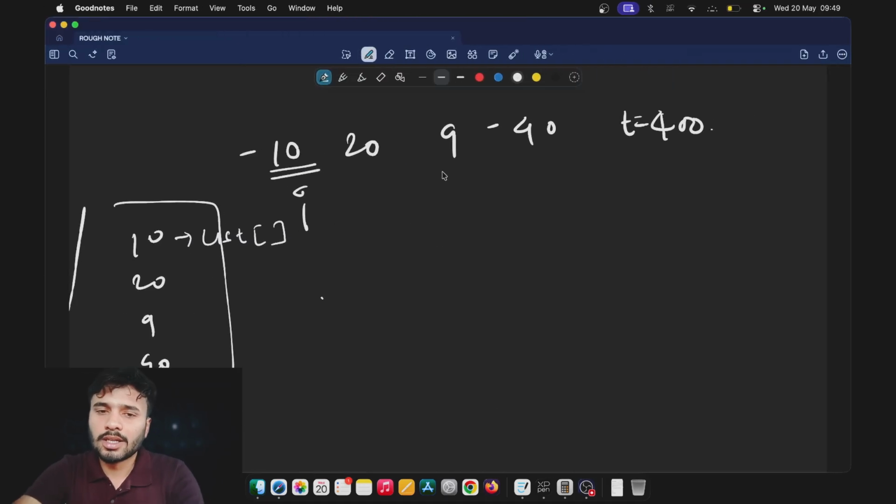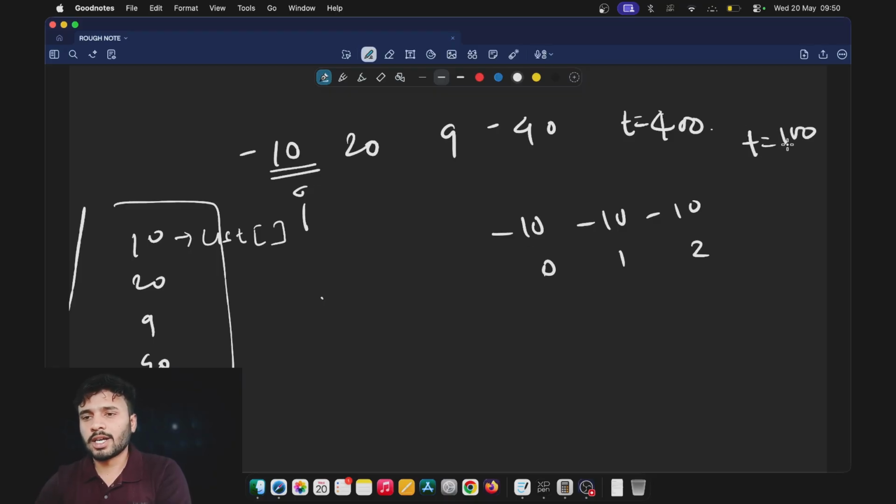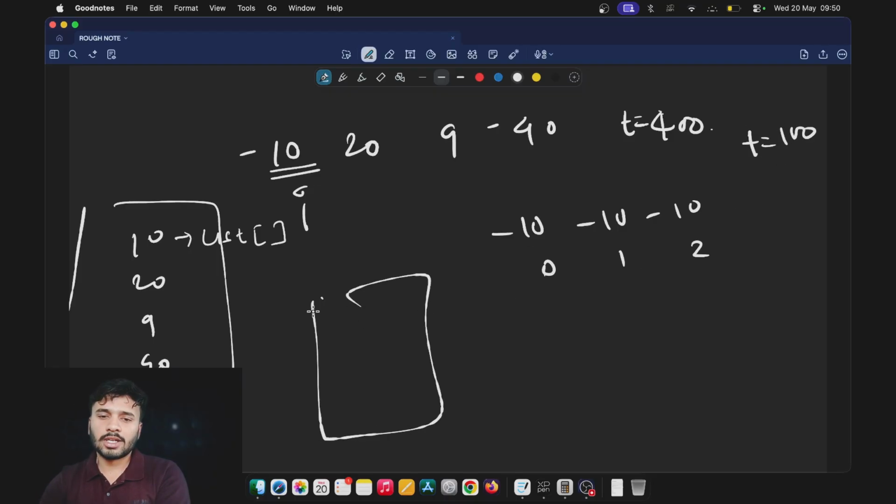Meaning, let's say for minus 10, minus 10, minus 10, so it's indexes 0, 1, 2, and we need to perform the target 100, right? So we can put the indexes like minus 10, which is present on the 0th, 1st, and 2nd index.